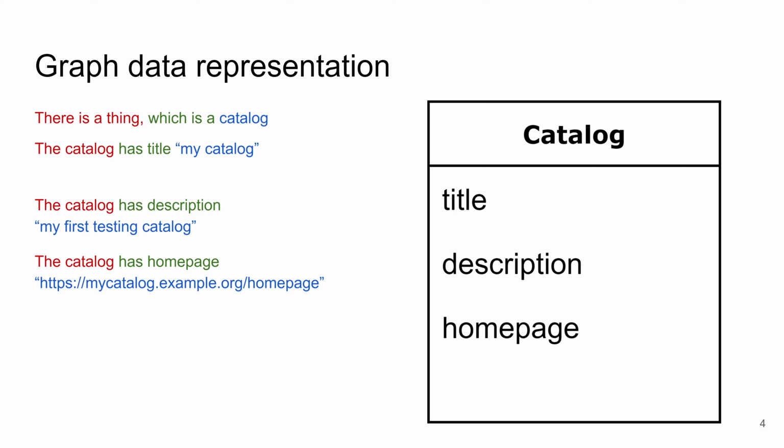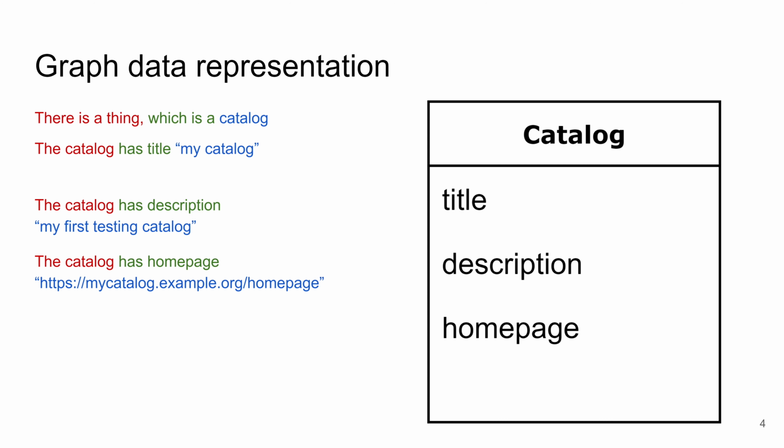Now let's emphasize different parts of those sentences a bit. So there is always the thing we talk about, the catalog. Then there is the way we relate it to other things, like the catalog, which is the relator. And then there is the value or thing we relate it to, a catalog in the first case.